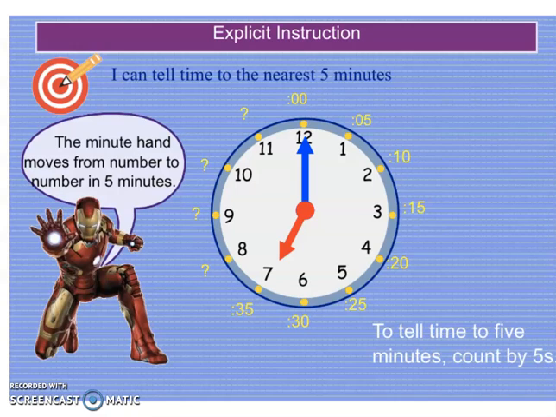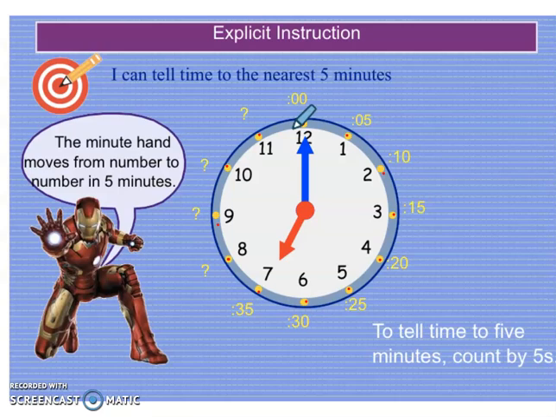If we go from the 12, boys and girls, and we count, 5, 10, 15, 20, 25, 30, 35, 40, 45, 50, 55, 60, we have made one revolution. And so it shows us that 60 minutes is equal to 1 hour.